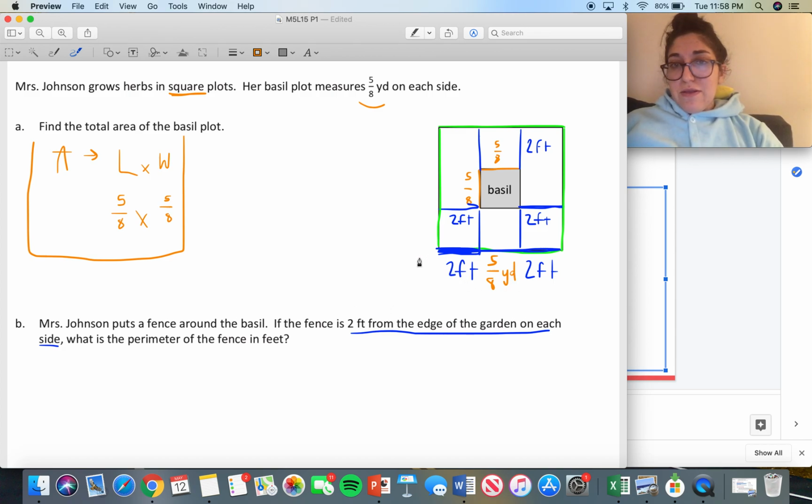So now I know how long one side is. This happens to be a square. The way I know it's a square is because this middle part is a square and then it's equal on all sides. So if this is 2 feet and 5/8 of a yard and another 2 feet, then this is also going to be that. So there's also going to be, right, the 5/8 in the middle here.